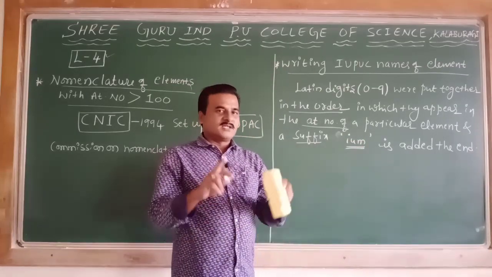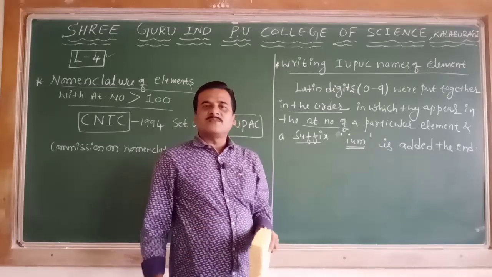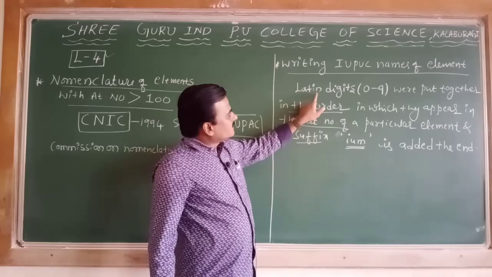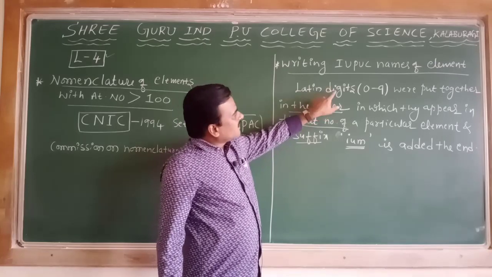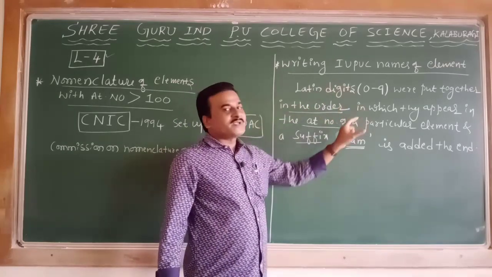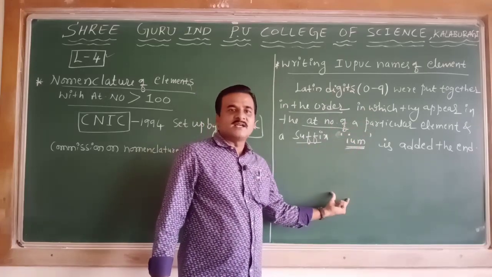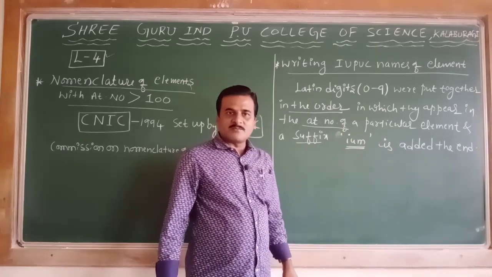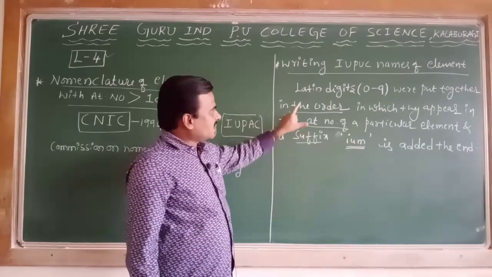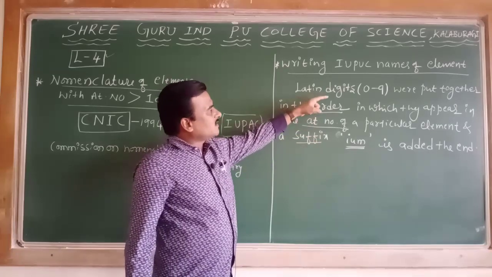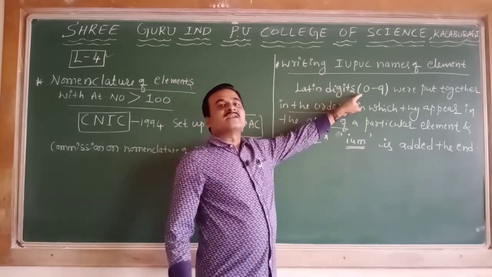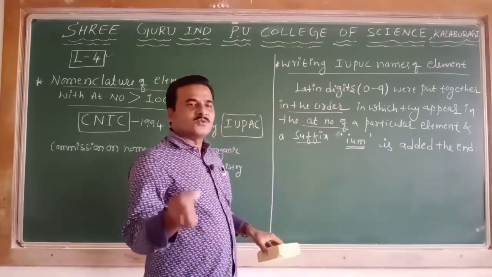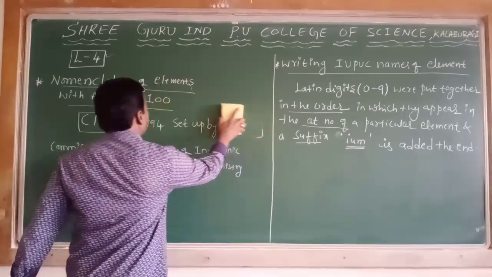This is how the final IUPAC names were obtained or written. Now let's collect the digits, the name of the digit, and what abbreviations are to be used in writing them orderly with respect to atomic number. Let's collect the table. The table gives us an idea what 0 stands for, the name of 0 in Latin. The table will help us to get the idea.